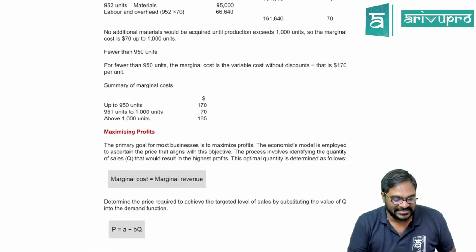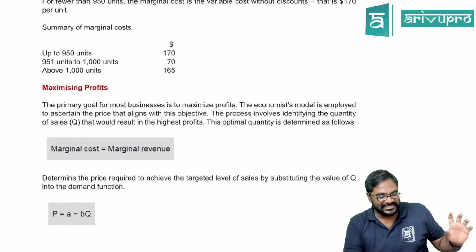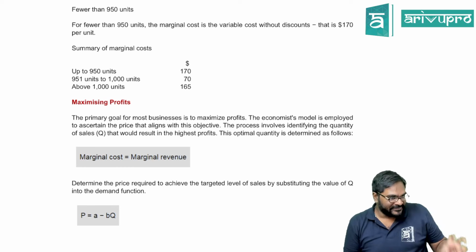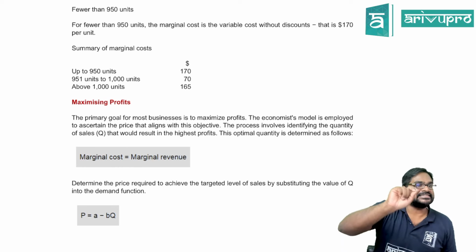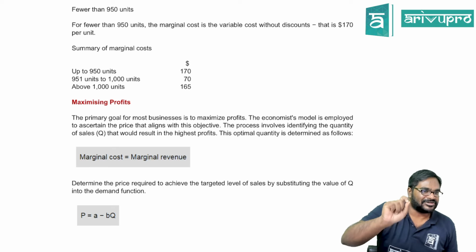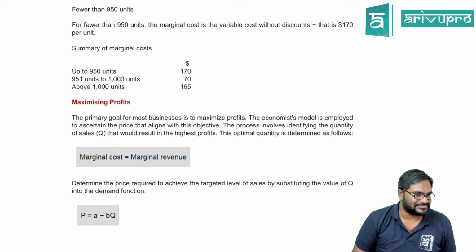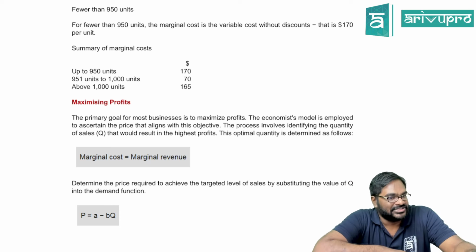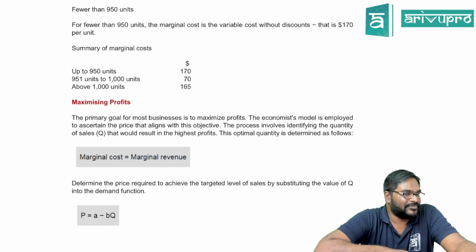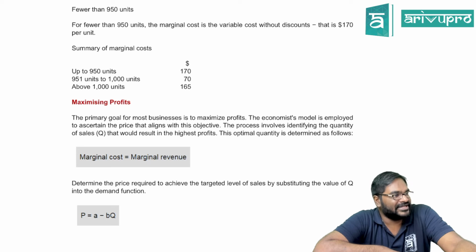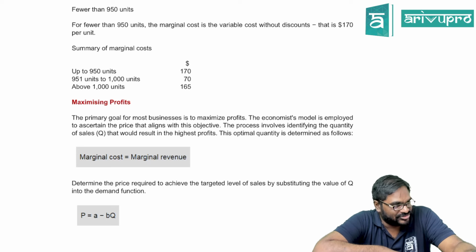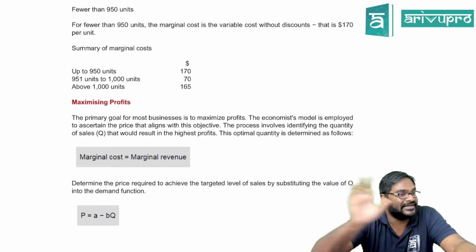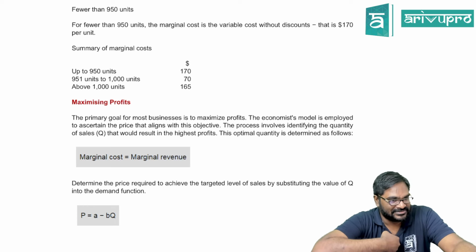Then maximizing profits. Like I told you earlier, because of this economies of scale story, once you reach a certain point, your marginal cost will also start to go up. So there would be a point where the marginal revenue you get might be lower than your marginal cost. We can't afford to produce to that level because then we are losing.